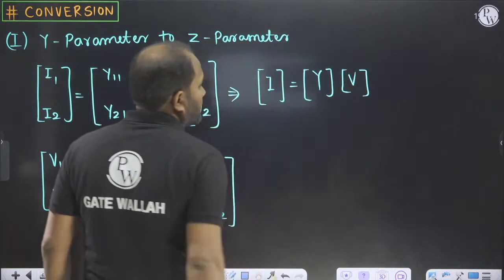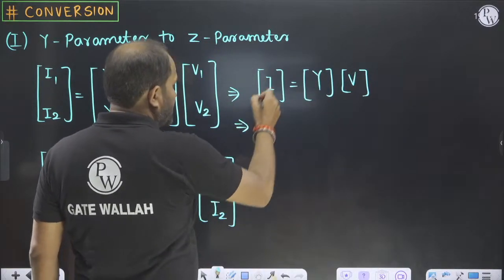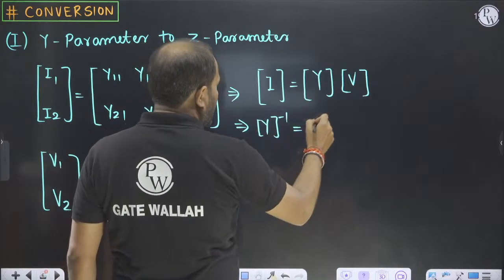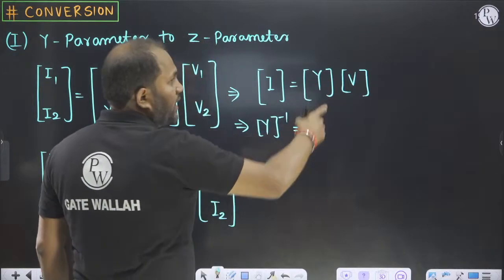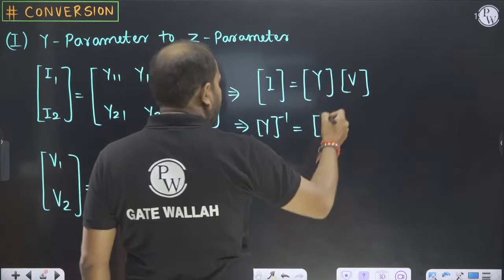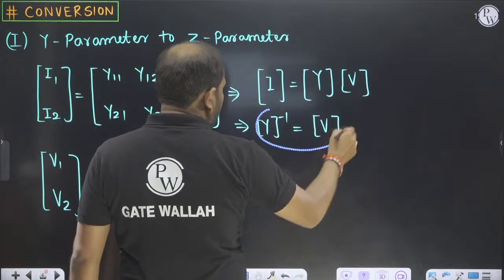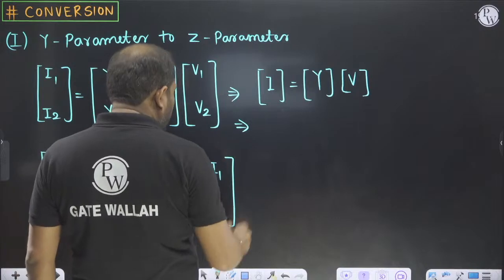What we will do is multiply by Y inverse on both sides. Y into Y inverse is the identity matrix, and identity into the voltage matrix gives the voltage.